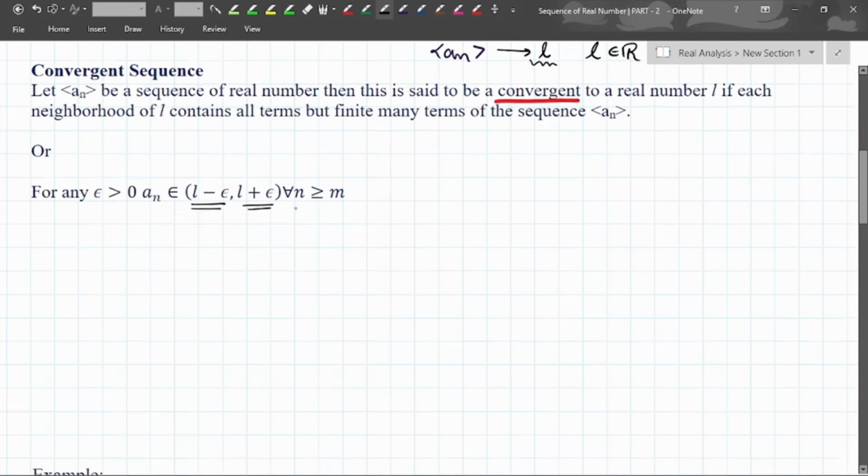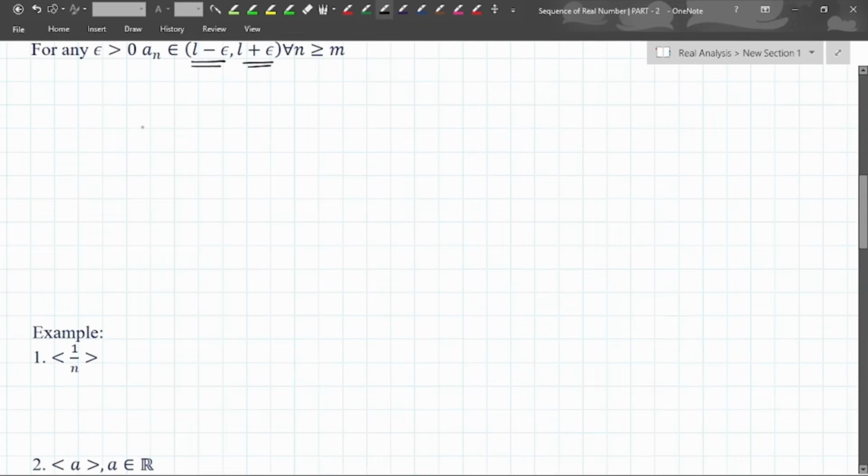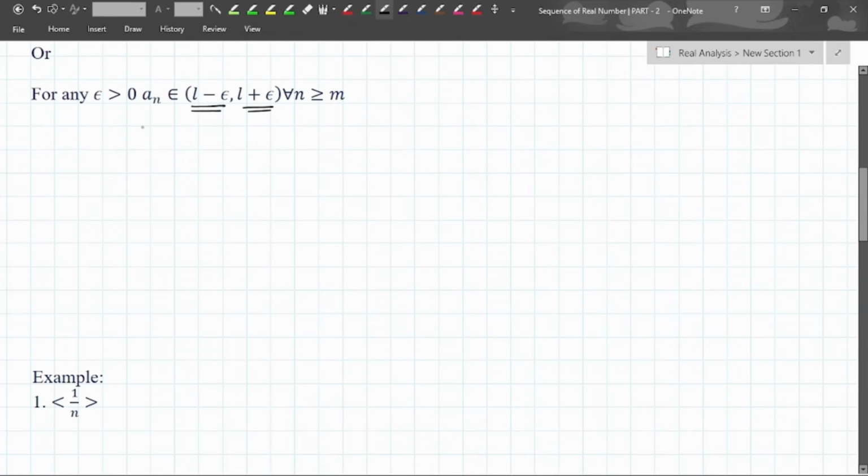We can denote this as the limit of the sequence: the limit as n tends to infinity of a n is L, where a n tends to L as n tends to infinity.